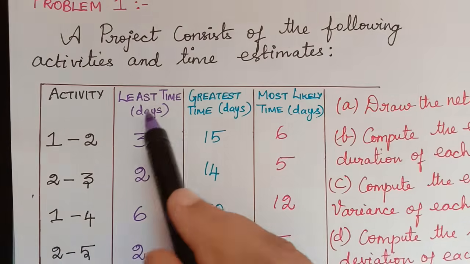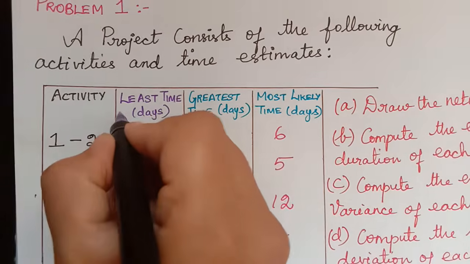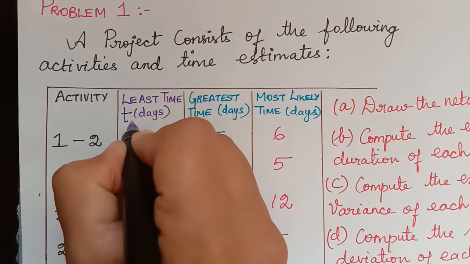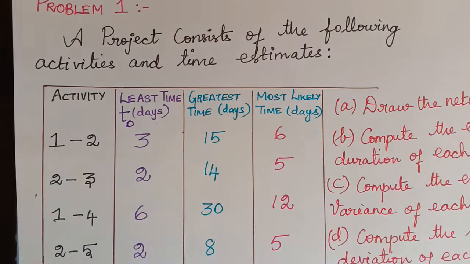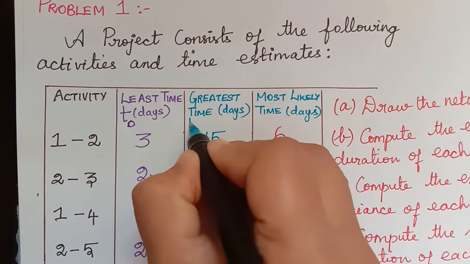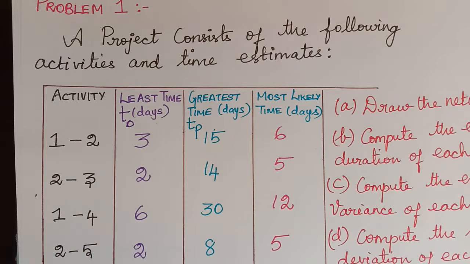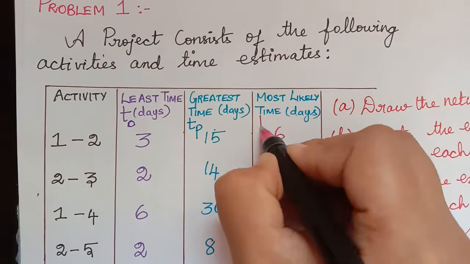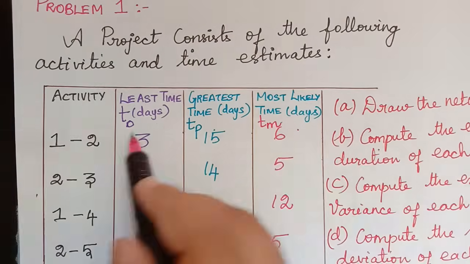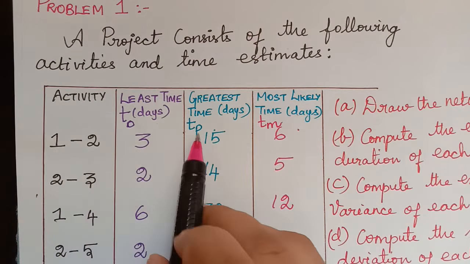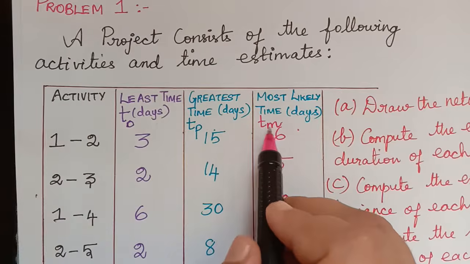The least time is the optimistic time and it is represented as TO. And the greatest time is the pessimistic time and it is represented as TP. And the most likely time is represented as TM. So this is TO, this is TP and this is TM.